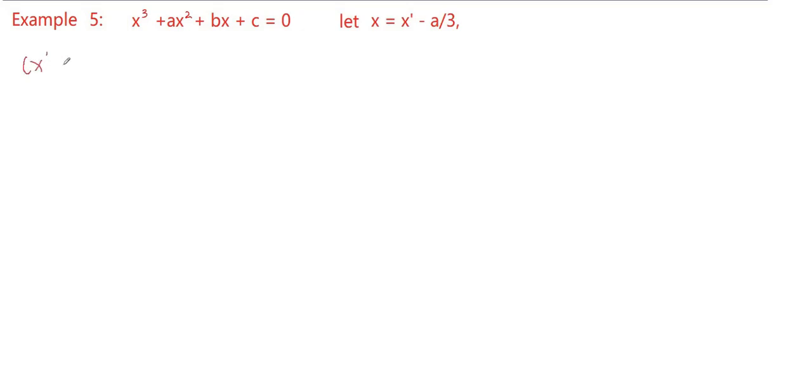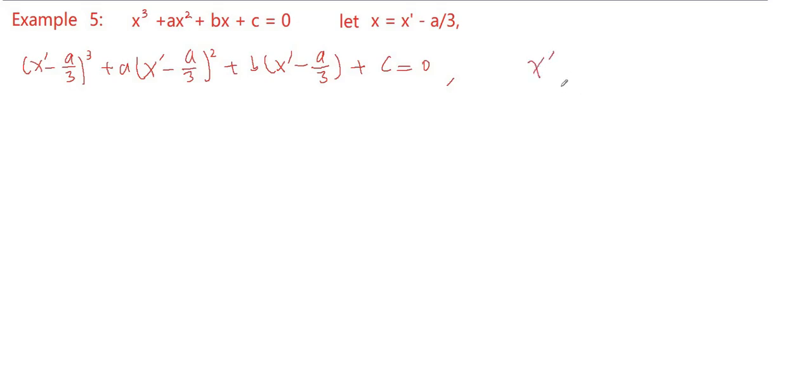We have x dot minus a divided by 3 cube plus a x dot minus a divided by 3 square plus b x dot minus a divided by 3 plus c equal to 0. We need the x dot square item to be 0.